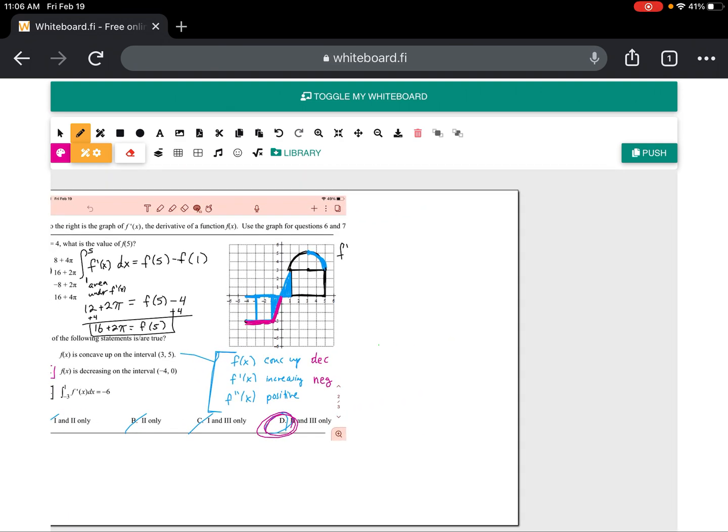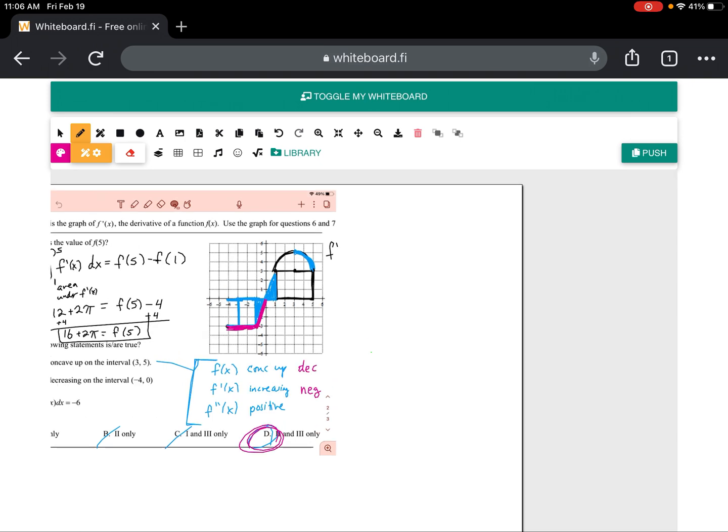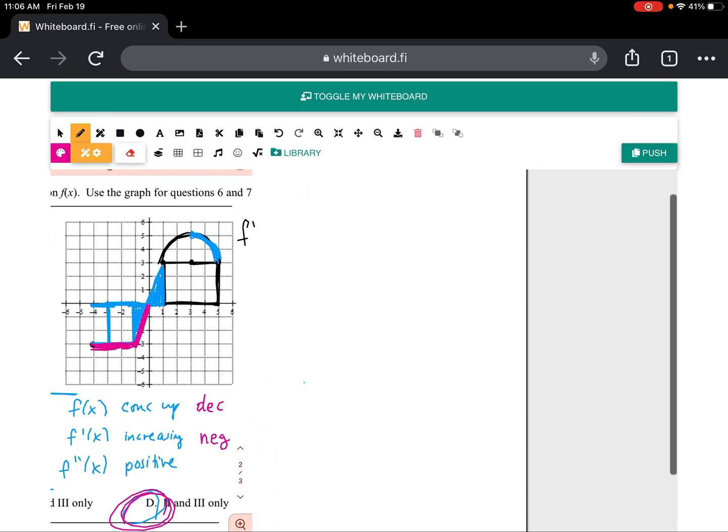All right. I'm not going to redraw the picture or take a picture for the next set, but what I want to talk to you about on number 8 is we are pretending that this f prime graph is velocity. Okay, so let's say that this graph is velocity, v of t. If you take a derivative of that, you get a of t.